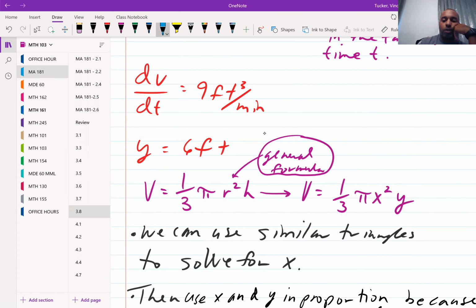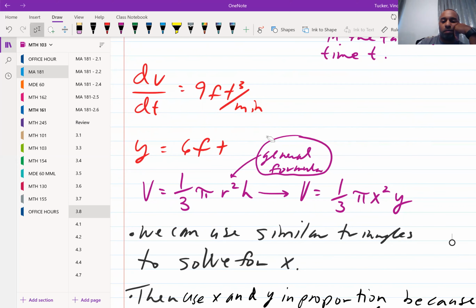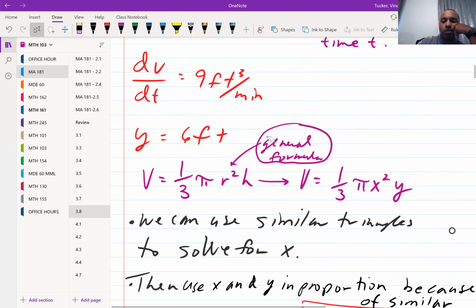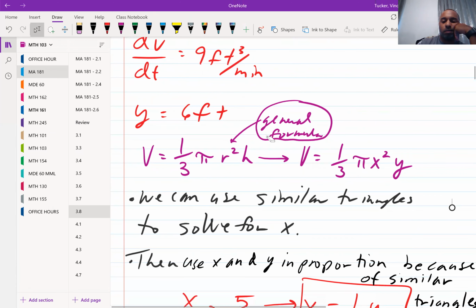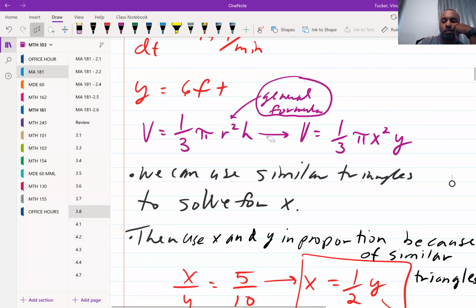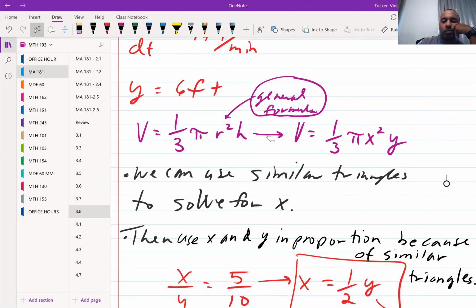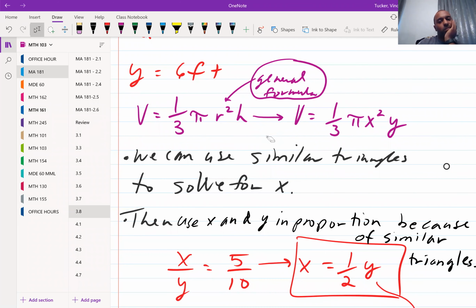All right, so we can use similar triangles to solve for X. Here we use X and Y in a proportion because of similar triangles.